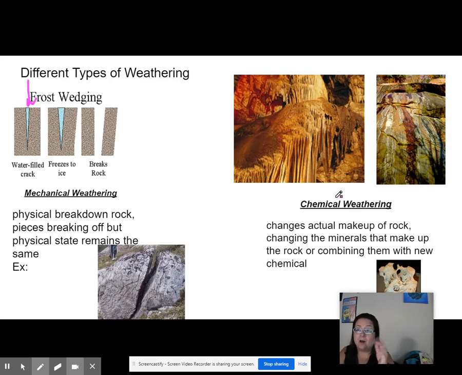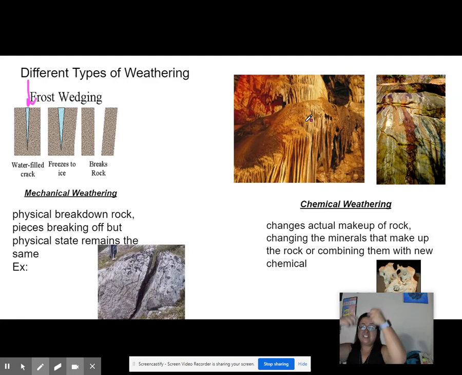Okay. On this side, though, this is a picture of a rock. I want to say it's limestone. I think there's some limestone built up into it. And there is water and moisture just coming off of it. And so it creates this kind of crust on it. If you've ever gone to the caves near San Antonio, you're going to see things similar to this, where inside the cave, there's water and moisture building up on the ceiling.